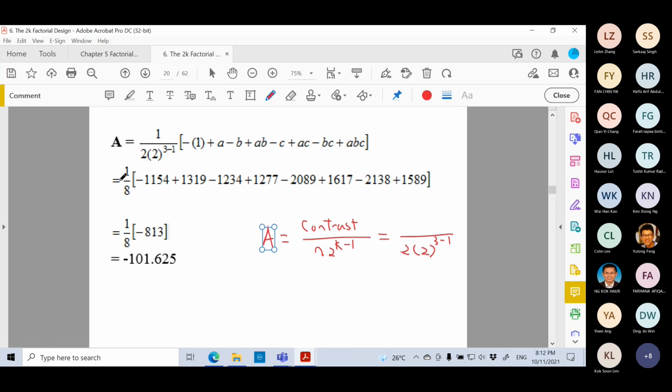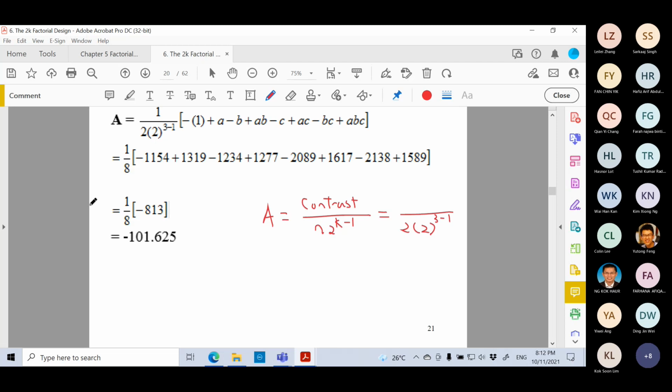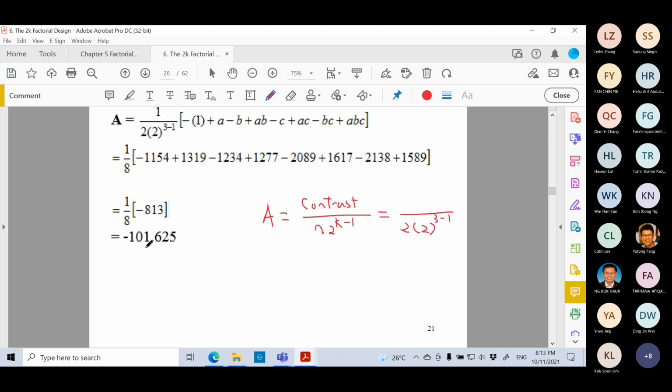Of course, you can calculate the effect of B as well, and so on. I leave it for you to try to calculate it yourself. You can calculate the effect of B, and then AB, AC, BC. Here I just show you the effect of A. You can calculate the effect for B, C, AC, and AB, with AB first, followed by AC.